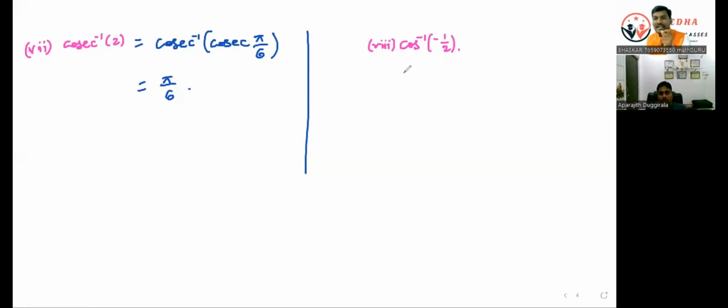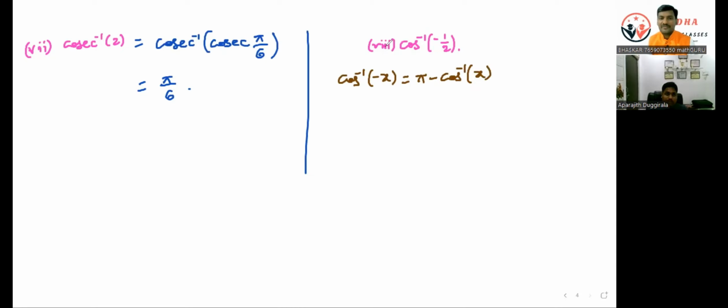Here, cos inverse of minus 1 by 2. So we have the formula. What is the formula? Cos inverse of minus x is equal to pi minus cos inverse x. Pi minus cos inverse x is the formula here.